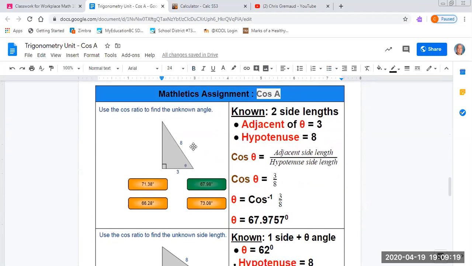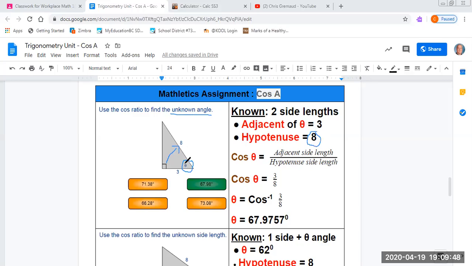Looking at this question here, what we don't know is this angle right here, angle theta. So we don't know the unknown angle. What we know are the two side lengths. The side length directly opposite the 90-degree angle is the hypotenuse, and that's 8.